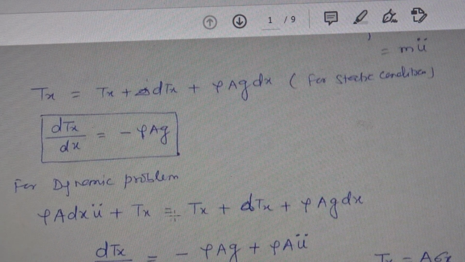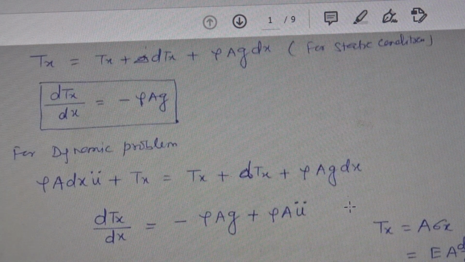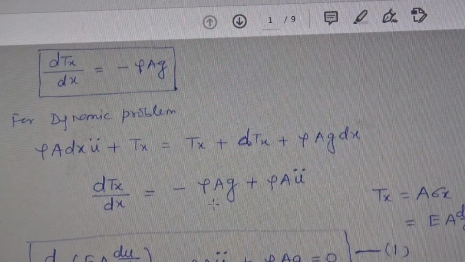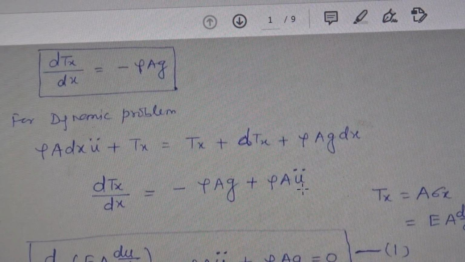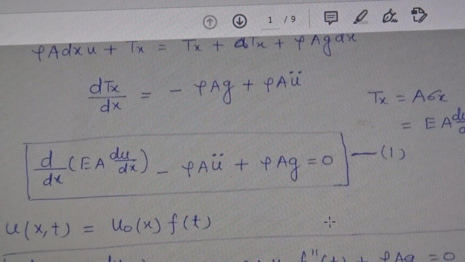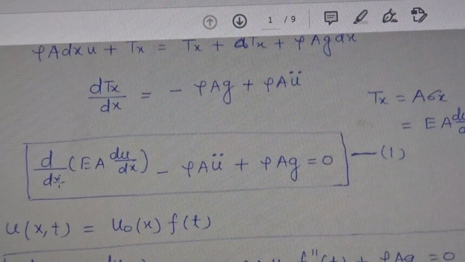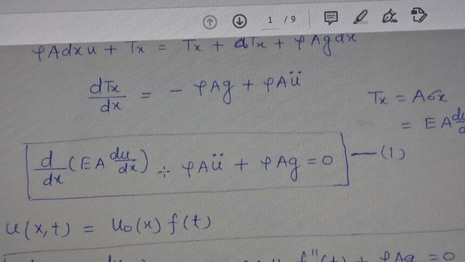So this plus Tx is equal to Tx plus dTx plus rho A g dx. Then dTx by dx is equal to minus rho A g plus rho A u double dot, and Tx is equal to A sigma x, which is EA into du by dx. So d by dx of EA du by dx minus rho A g minus rho A u double dot plus rho A g is equal to 0. This is equation 1.